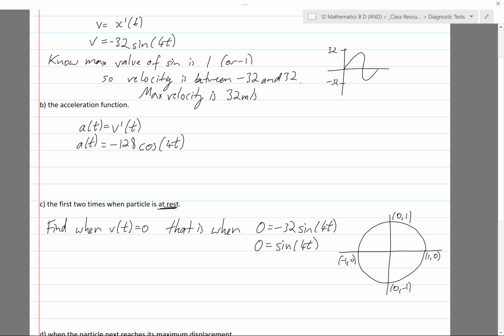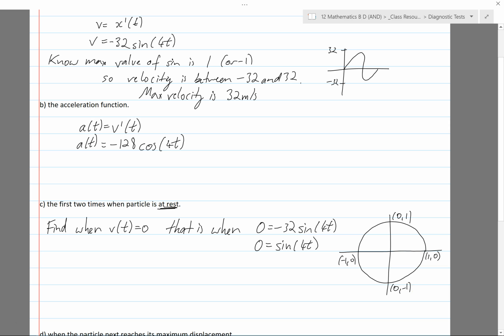So to find the times, divide everything by 4. And that would be the first 3 times. I'm only after the first 2 times, so I'm just going to choose the first 2.